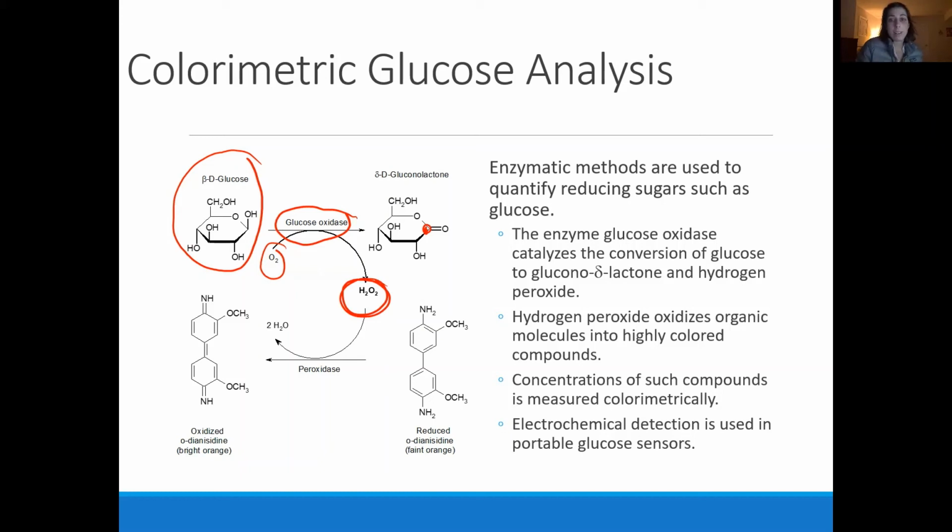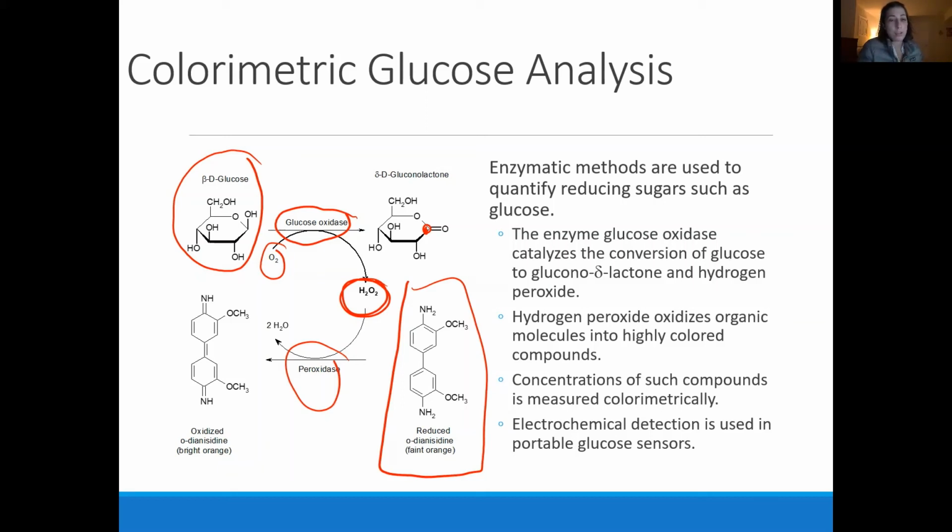If hydrogen peroxide forms, then another chemical that's also mixed in this will be reacted with another enzyme, peroxidase. So this is a dye that is a faint orange. But if hydrogen peroxide is around, the dye will react and form this oxidized form, which is bright orange instead. So essentially, this all happens very fast, right?